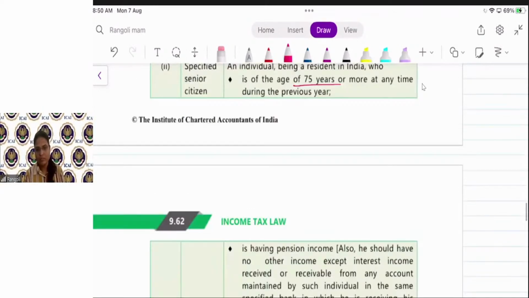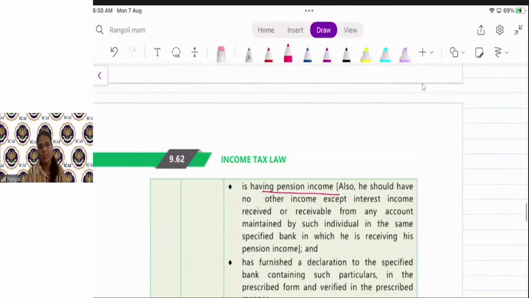Third condition is having only pension income, and he should not have other income except interest income received or receivable from any account maintained by such individual in the same specified bank in which he is receiving his pension income. So this condition says that the specified senior citizen is having only pension income, and other than that, he is only having interest income from the same bank in which his pension income is credited.